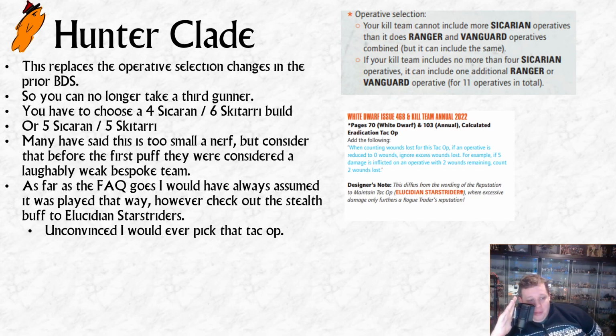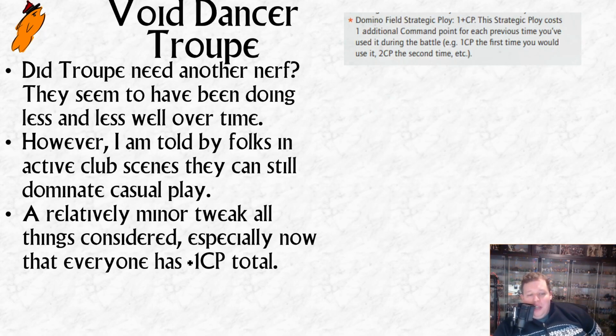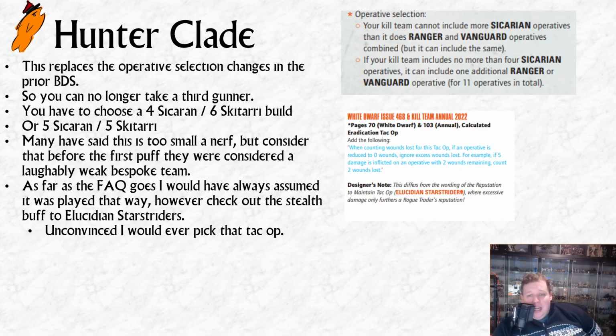Like, I get it. They didn't give them that much, right? They gave them the extra operative. So now they've kind of half taken away the extra operatives. I think this is exactly what they needed to do. They have tried to row back almost exactly halfway on the previous buff.